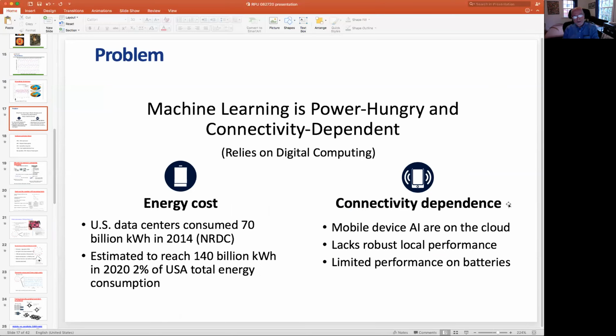It's estimated that US data centers doing machine learning, think all of the large internet providers that place ads and search for you, consumed about 70 billion kilowatt hours in 2014, and that's estimated to reach as high as 140 billion kilowatt hours in 2020.